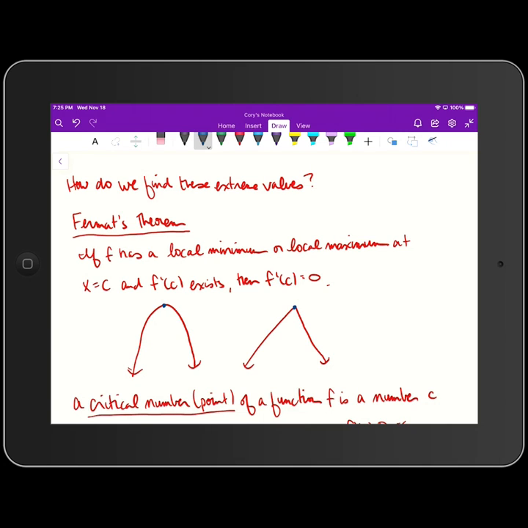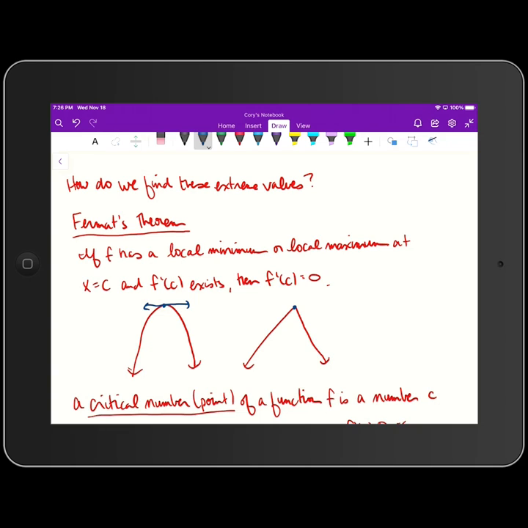In that first graph, you have that curve opening downward, and at that point in blue, your graph has a horizontal tangent. So what Fermat's theorem says is that if your function has a local maximum at x is equal to c and f prime of c exists, then f prime of c has to be equal to 0.